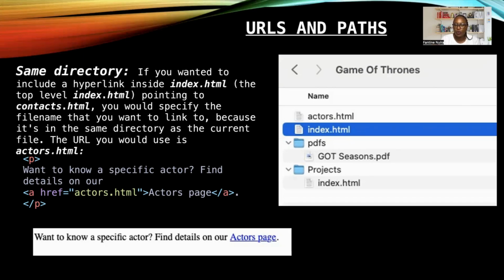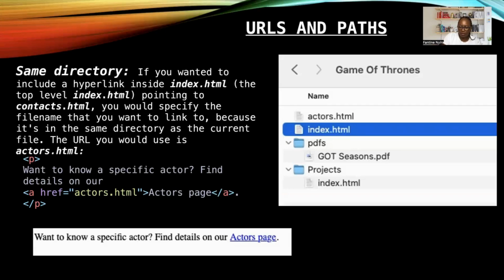You don't add any other directory because they are on the same level. You just put the name of the file you want to go to. So in href, you will just put actor.html.